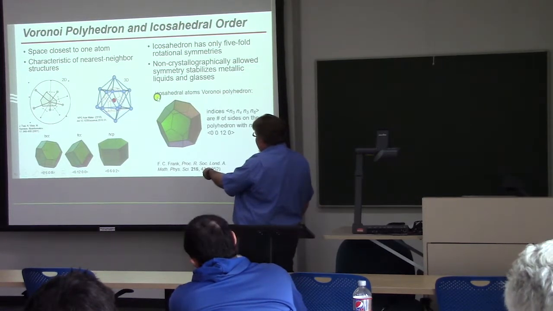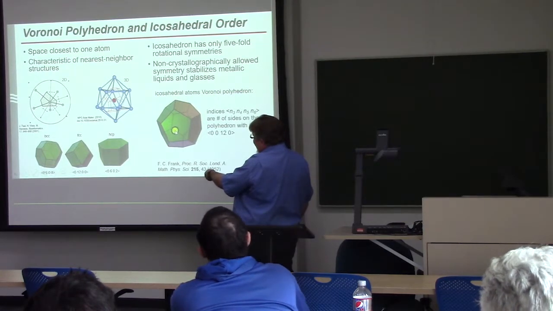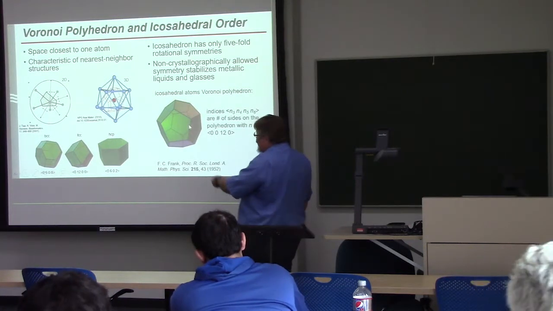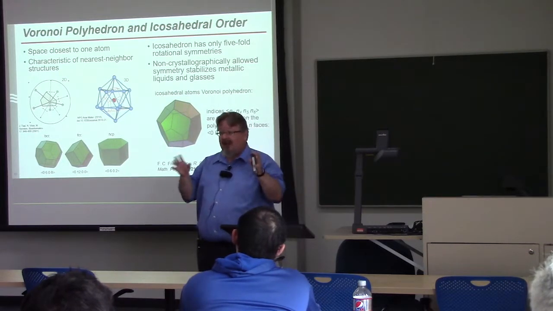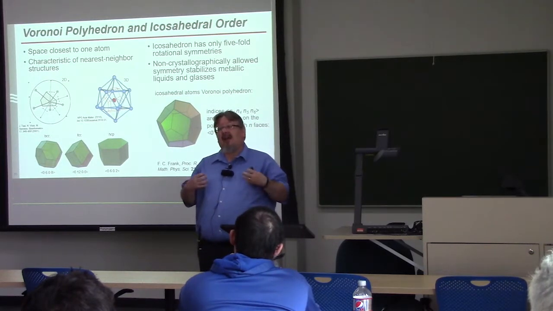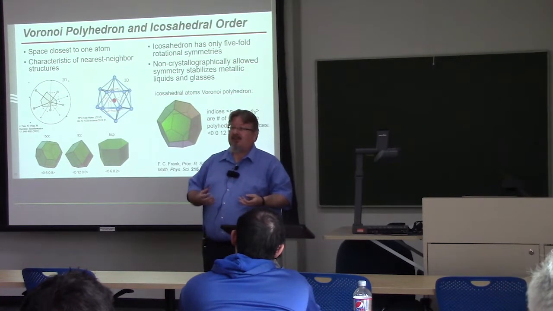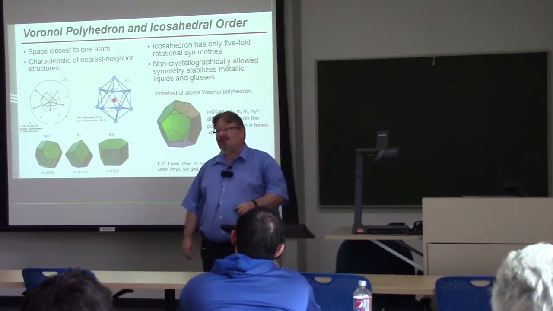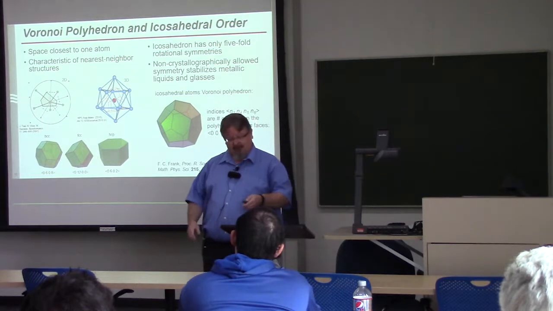For an icosahedron, the Voronoi polyhedron is a dodecahedron. It's a polyhedron with only pentagonal faces. So it's nothing but pentagons. That means that it has only 5-fold rotational symmetry, which is not allowed for crystals. You cannot tile all of 3-dimensional space with objects that have 5-fold rotational symmetry.